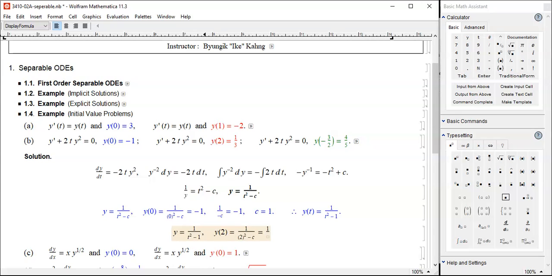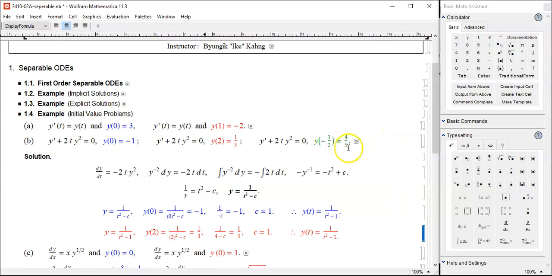That should be 1/3. So 1 over 4 minus c is equal to 1/3. What do you get? c equals 1, right? That's what I get from the second initial condition.